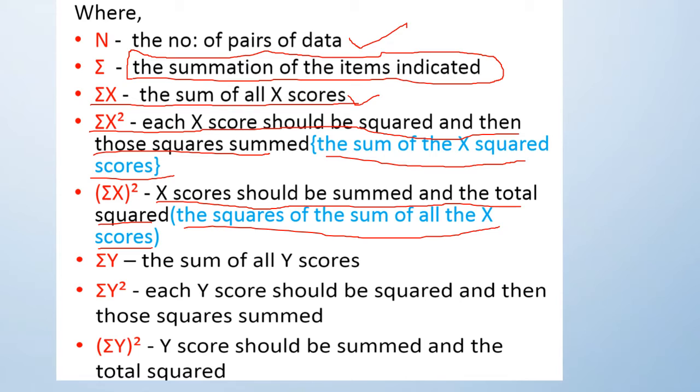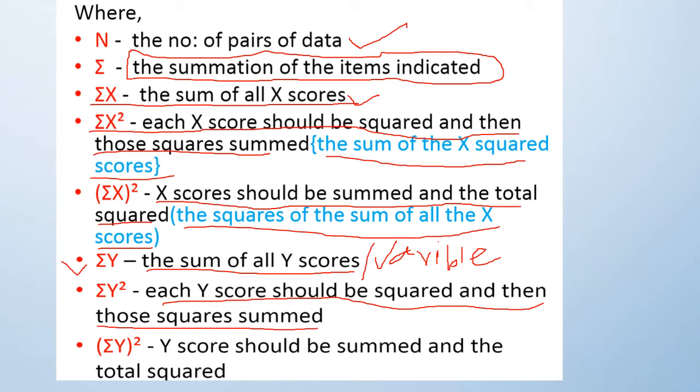Then summation y is the sum of all y scores, or variables. Summation y squared means each y score should be squared and then those squares summed. Summation y whole squared means the y scores should be summed and the total squared.